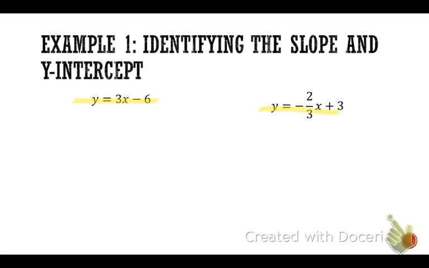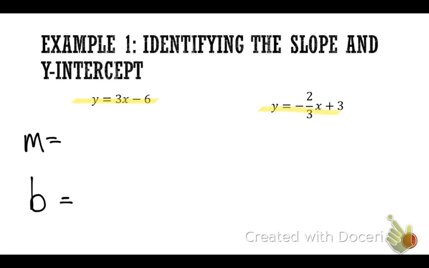Because it's already in slope-intercept form, I can just say m equals and b equals. Whatever number is in the location where the m normally is in the formula, that is your slope.